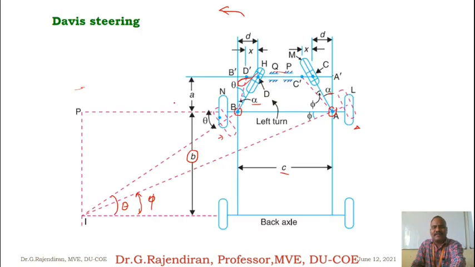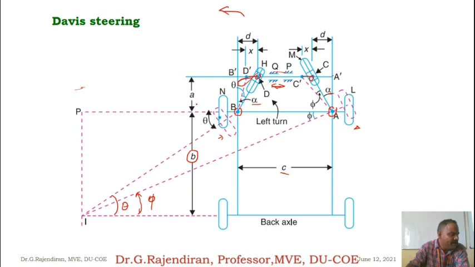Whatever the distance C moves from C to C dash, an equivalent amount moves to D dash, because there is a guide or sliding link. It will only allow movement in the horizontal direction. This attachment center, C and D, will move only in this direction. Whatever this distance is, it is equal to this distance. Clear?